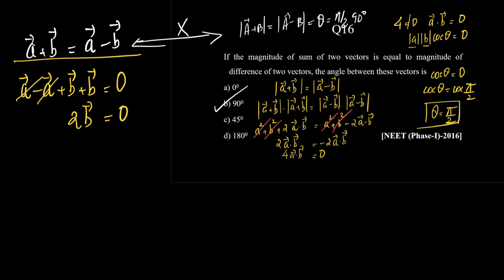And this is possible only when vector b is equal to 0, or when vector b is a null vector. So vector b is a null vector implies vector a plus vector b is equal to vector a minus vector b. And mod of a plus b is equal to mod of a minus b implies that the angle between them is 90 degrees. There's a difference. Okay.